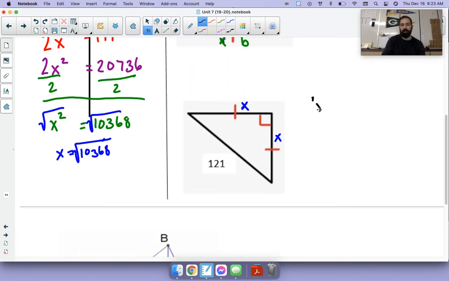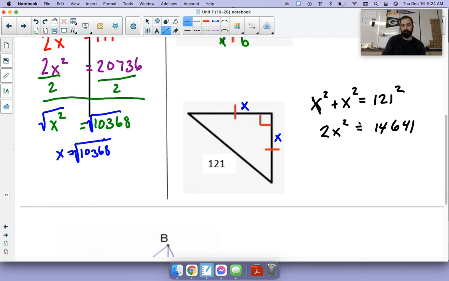We have x squared plus x squared equals 121 squared. 2x squared equals 121 squared, which is 14,641. Okay. Let's solve by dividing by 2.